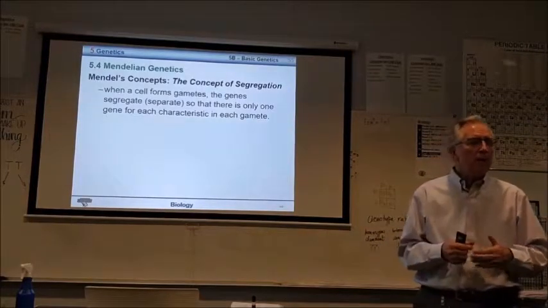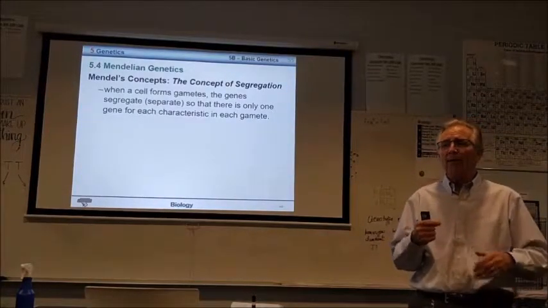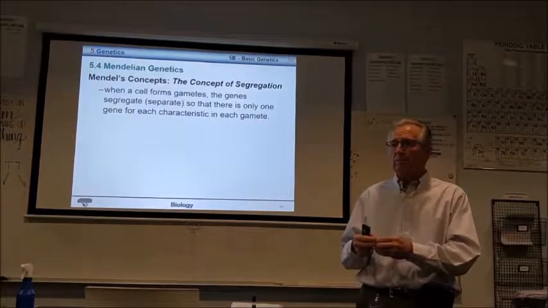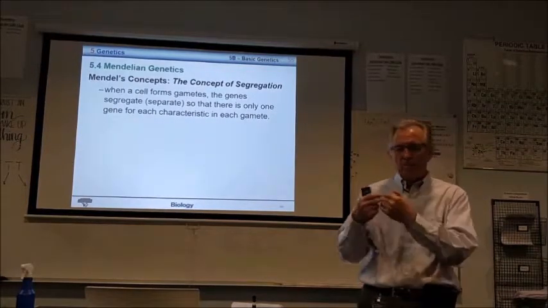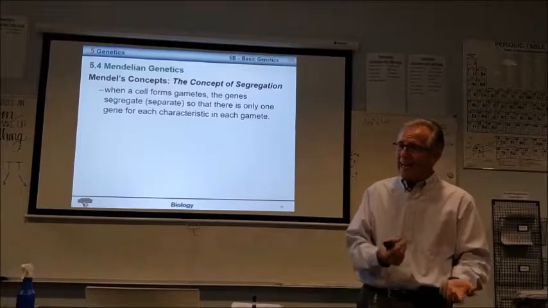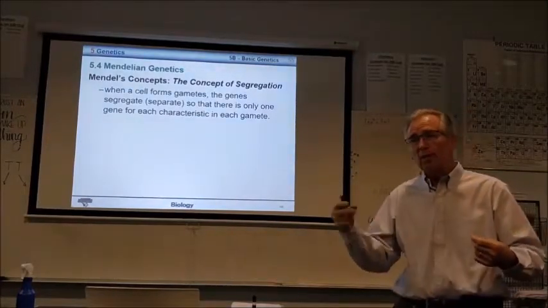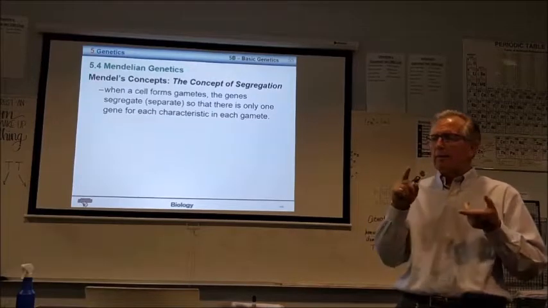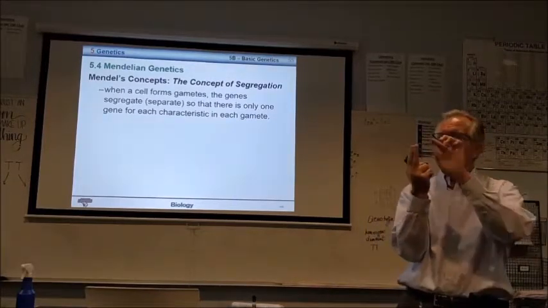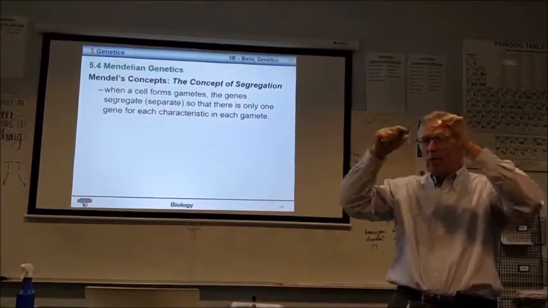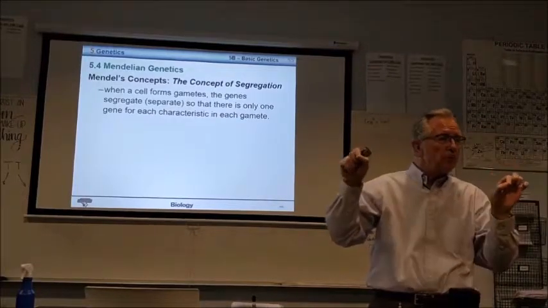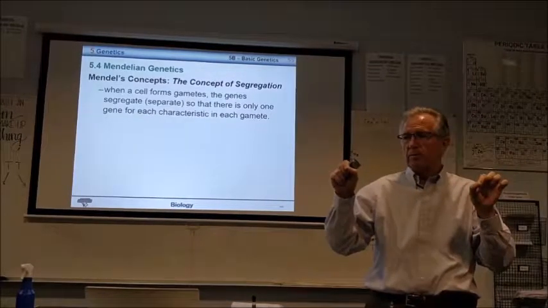Now, when it comes to forming sex cells, like in humans forming sperm and egg, during meiosis the pair of genes segregate or separate and go to separate sex cells.